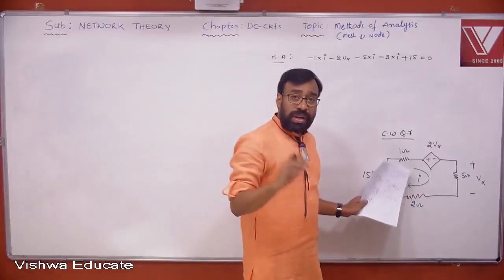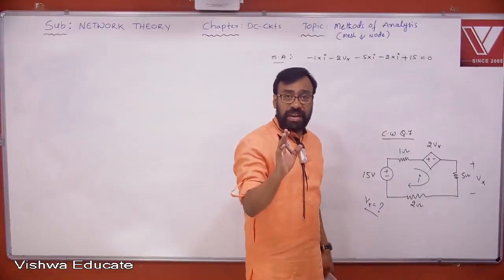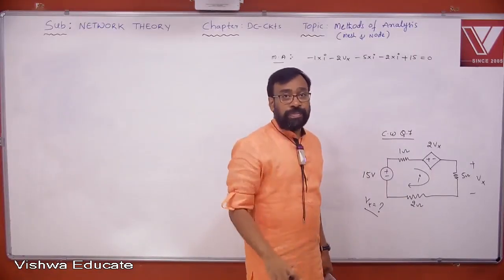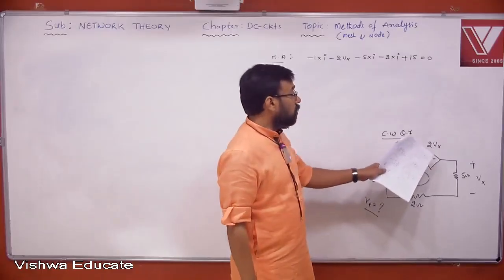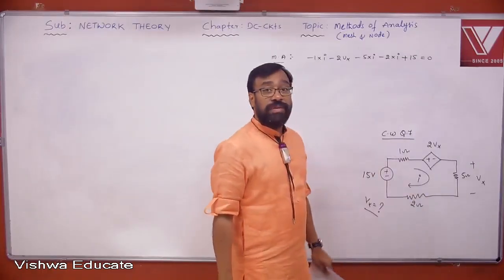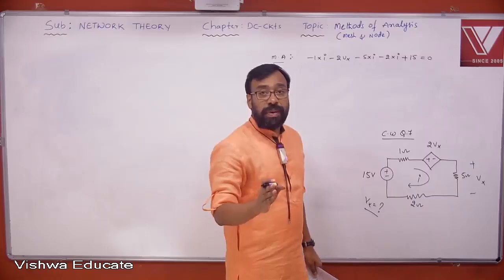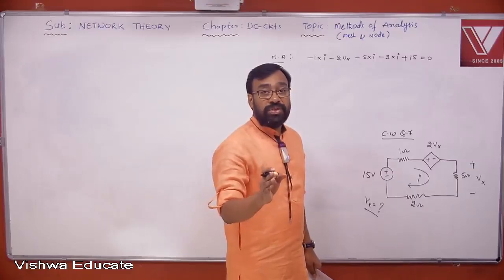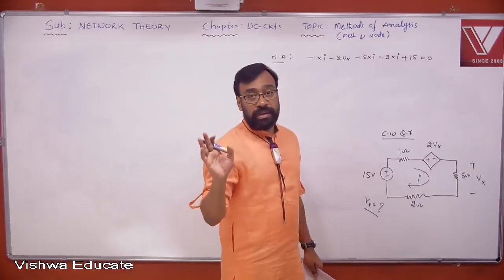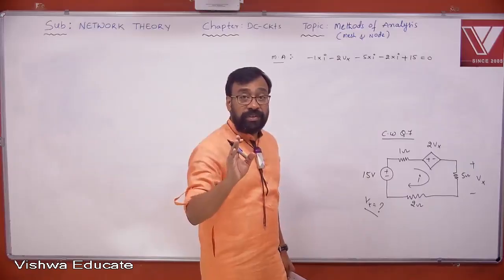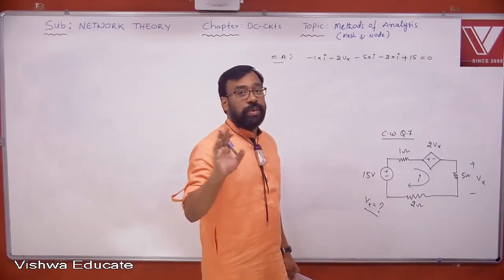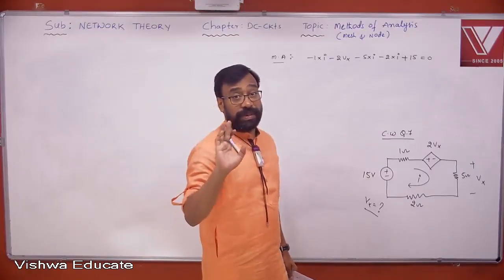See, there is only one loop. We need only one equation, strictly speaking. But because of the dependent source, because of this dependent variable Vx, there is a possibility of extra equation requirement. That is why you must be careful.